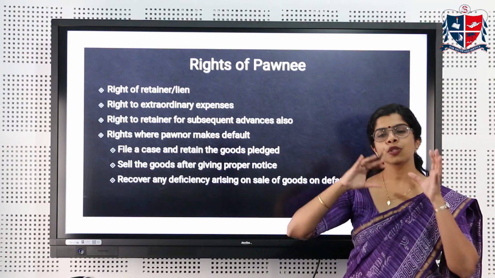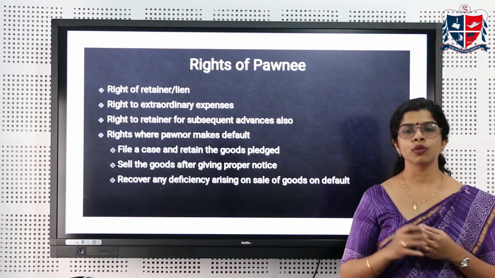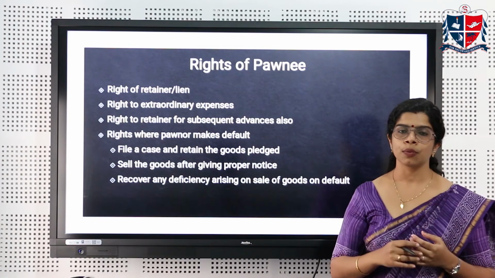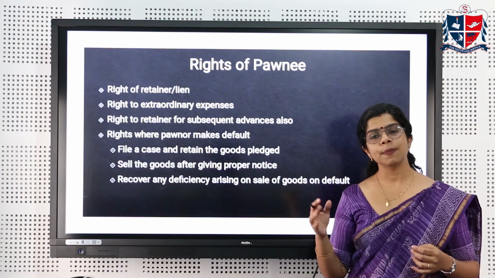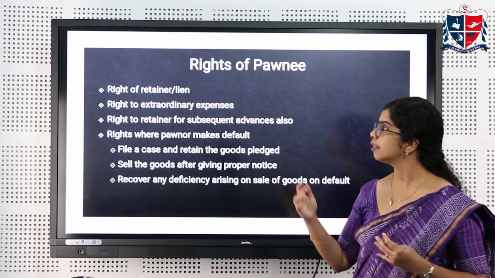The pledger cannot claim that the goods were pledged only for the initial advance. So if any subsequent amounts have been given to him, they can also be claimed by the pawnee.